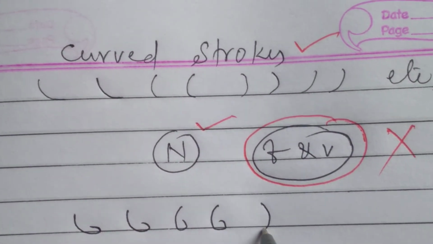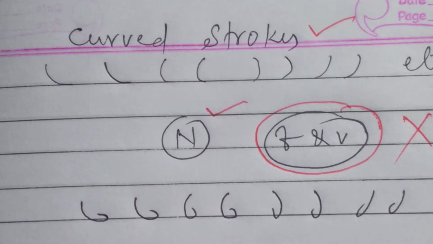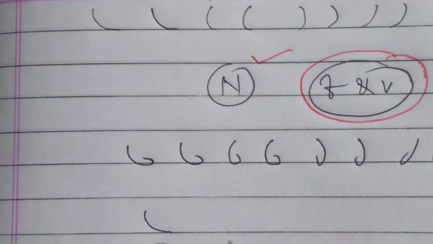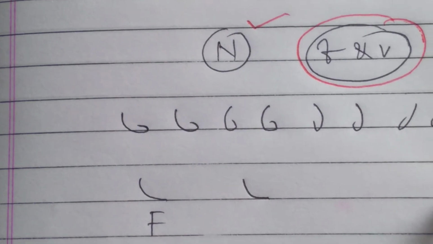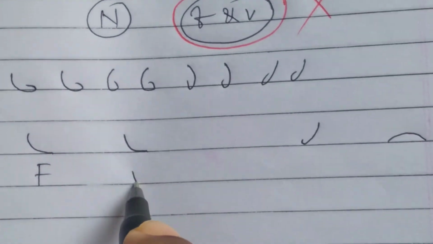Just see, this is F stroke, this is V stroke, this is sh stroke, this is M stroke.